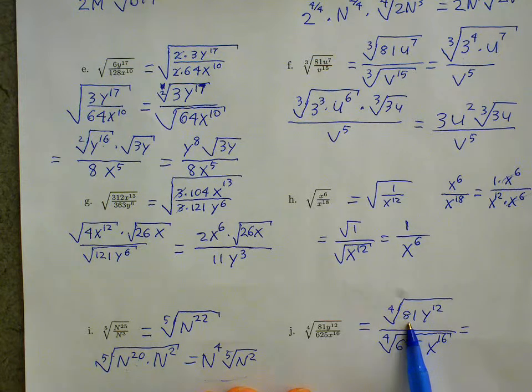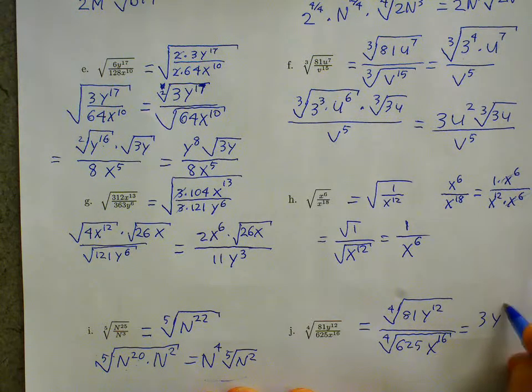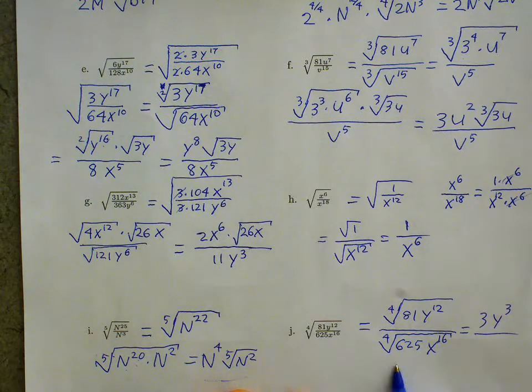The fourth root of 81 is 3, because 3 to the fourth is 81. The fourth root of y to the 12th is y to the third, because 12 divided by 4 is 3. And in the denominator, the fourth root of 625 is 5. And the fourth root of x to the 16th is x to the fourth, because 16 divided by 4 is 4.